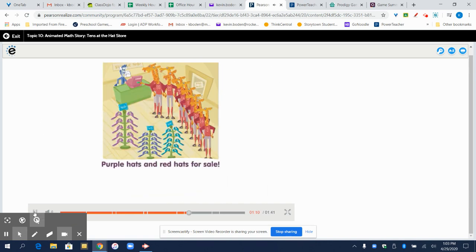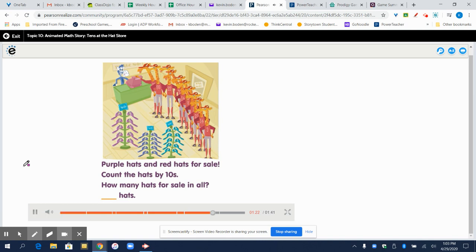Next one. Purple hats and red hats for sale. Count the hats by tens. How many hats for sale in all? All right, same thing we've got to do. There's a bunch of giraffe hats. 10, 20, 30, 40. So there are 4 groups of 10, or 40 hats in all.